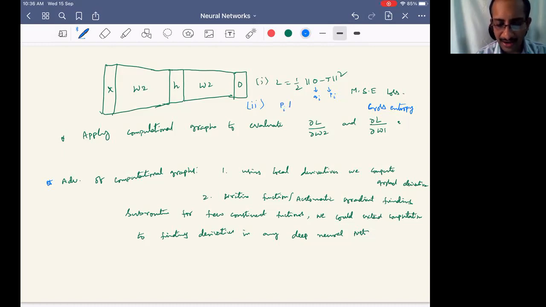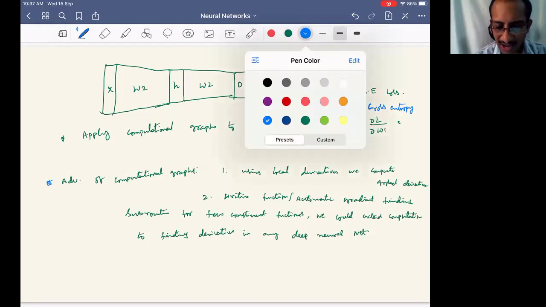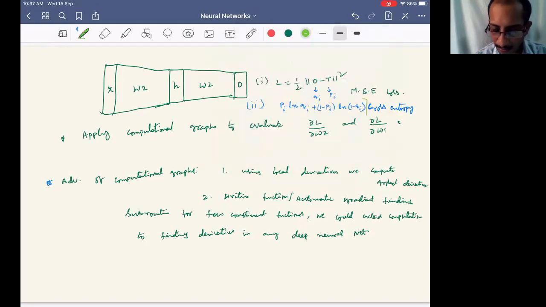How is entropy defined? Pi into log Qi plus 1 minus Pi into log of 1 minus Qi. So this is what cross entropy is, but with which sign? Negative sign.